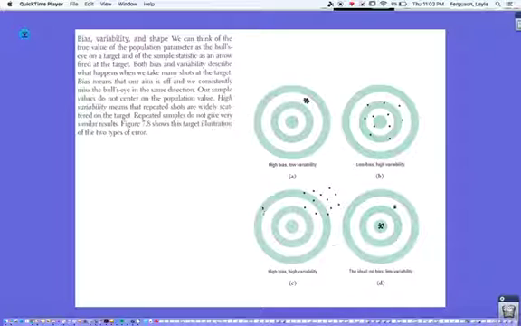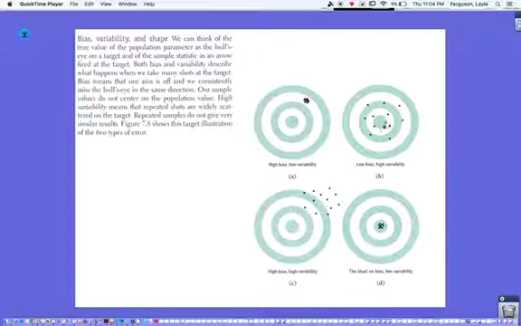So the figure over here, 7.8, shows a target illustration of the two types of error. In the first one, we see that we're off center, which means that our bias is high, but we're all grouped together, which means that we have low variability. So we're repeating the sample over and over again and getting the same result, but the way we're going about getting that information is a little bit biased.